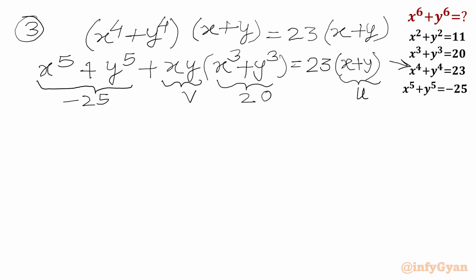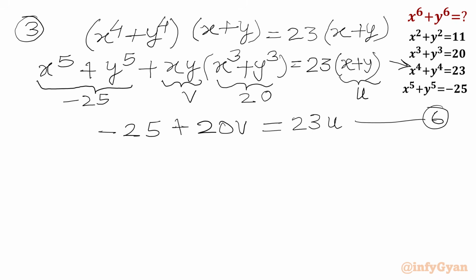So we are ready with our sixth equation, minus 25 plus 20v equal to 23u. Equation number 6. Now we will write our fifth equation, which was 23 plus 11v equal to 20u.